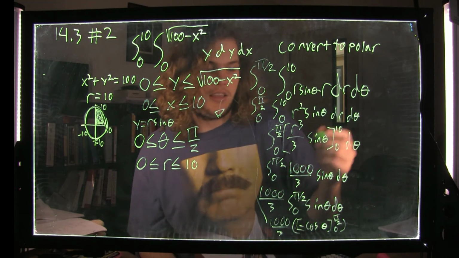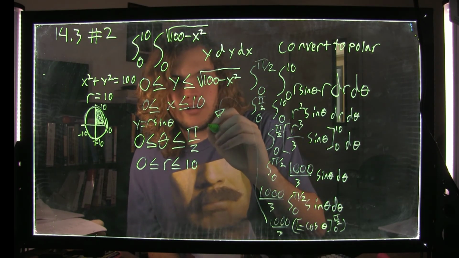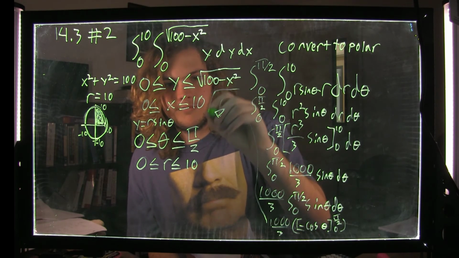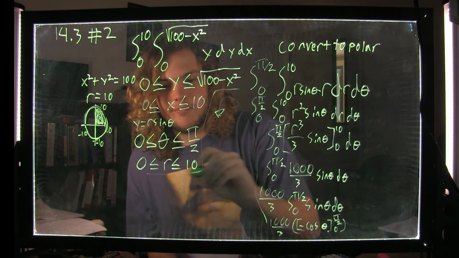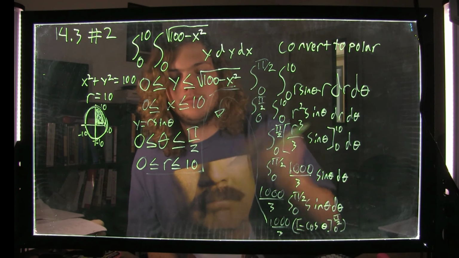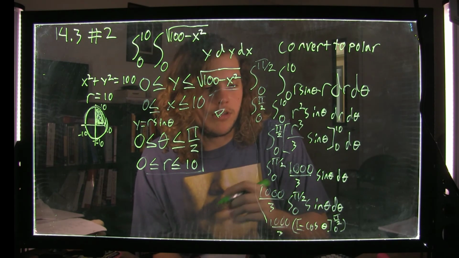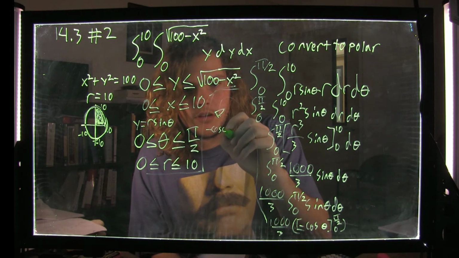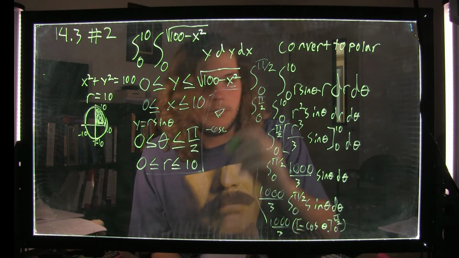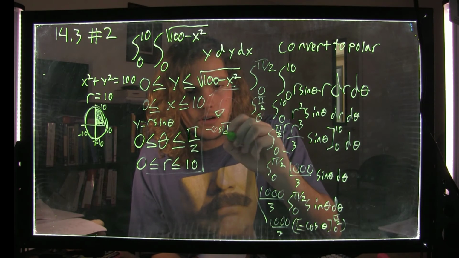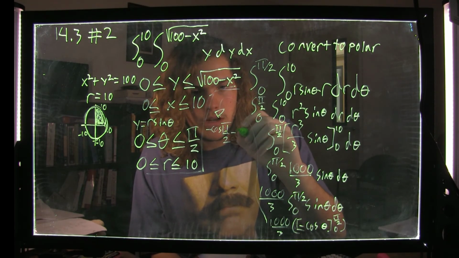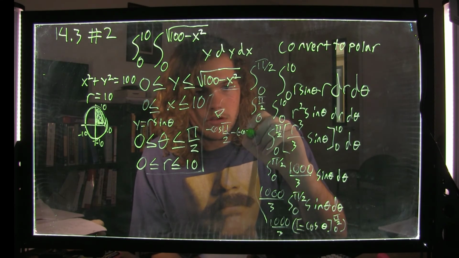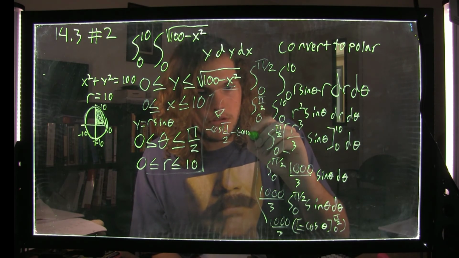So we've got our 1,000 over 3, and we're going to move this out. Then we're going to say, okay, this is no problem: negative cosine of pi over 2 minus negative cosine of 0.